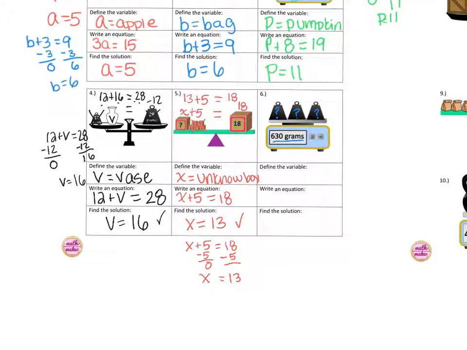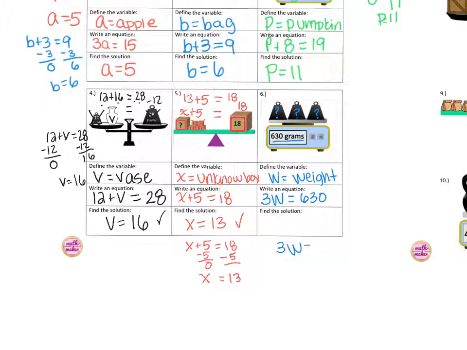So our variable we'll say is W, the value of one weight. Okay, so our equation here, since we have 3 weights, we're going to say we've got 3 times 1 weight has to be equal to 630 grams.